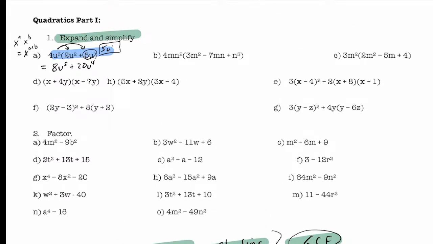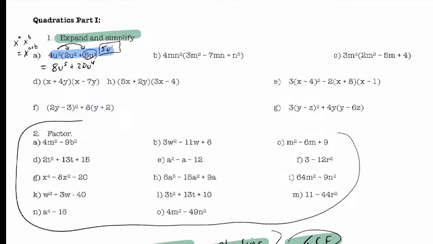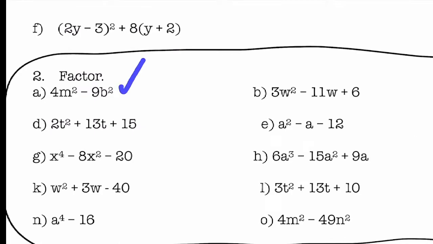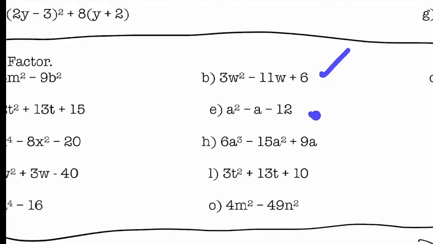And you see it here in number 2. I see this is difference of squares, this is charting, this is product sum, and then probably a difference of squares, product sum, difference of squares, charting, product sum. This will be GCF, and then charting, difference of squares.